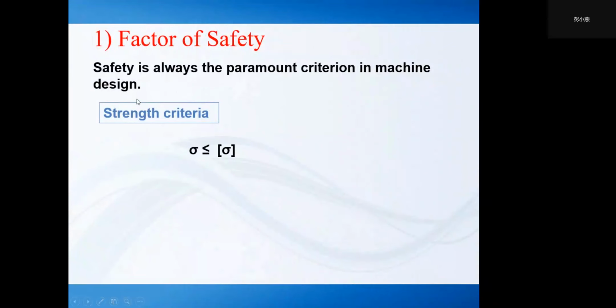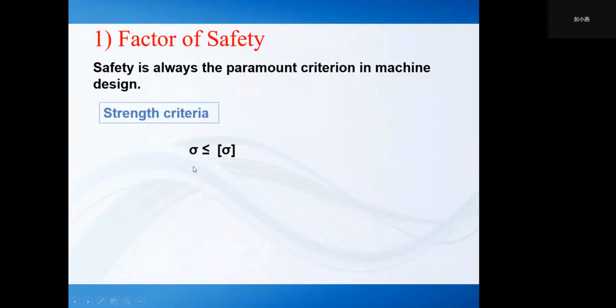So we have the factor of safety. Safety is always the paramount criterion in machine design. To provide a safe, reliable machine element, it is essential to establish design criteria against potential failure modes.